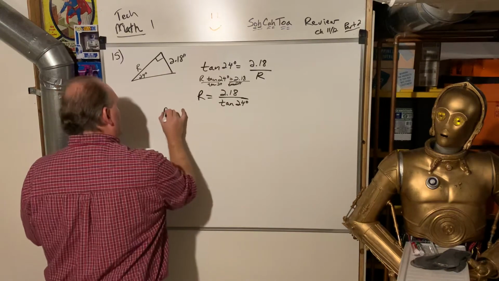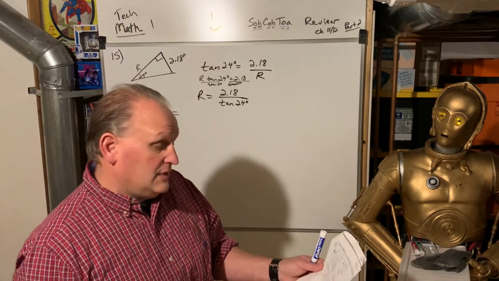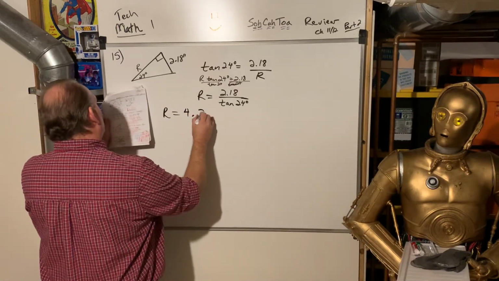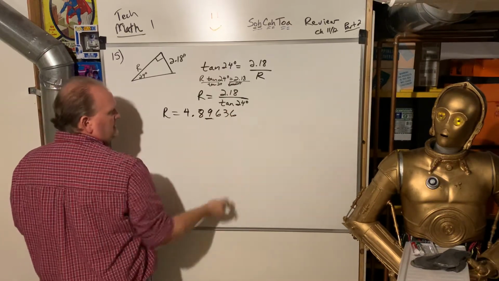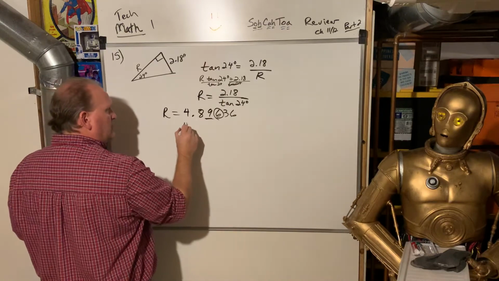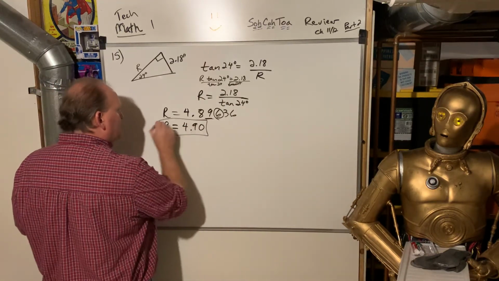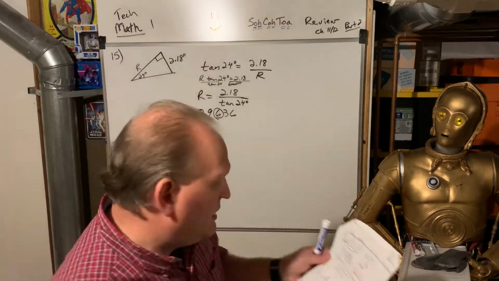And I just clicked that into the calculator, and they want it to the nearest hundredths. Oh, so this is a little bit of a tricky one, 4.89636. So the hundredths place is there, so we look at that, and that's enough to bump it up, but it's a 9, so we get 4.90. I mean, not incredibly hard, but it made you think a little bit about rounding.